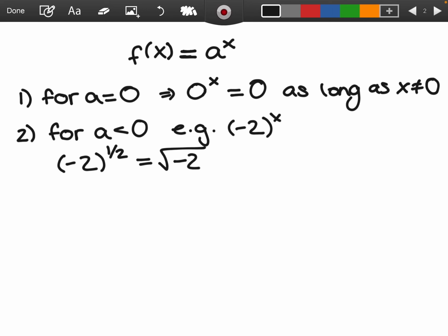So because I fall into this trap with a being a negative base, I'm taking a to be a negative number, and then taking it to any power I like, any x I like, I end up with a bunch of x values for which the function value is actually undefined, because I'd have to go into the complex plane in order to define it, which we don't do here. I'm just looking at real numbers. So we never consider a negative base either.